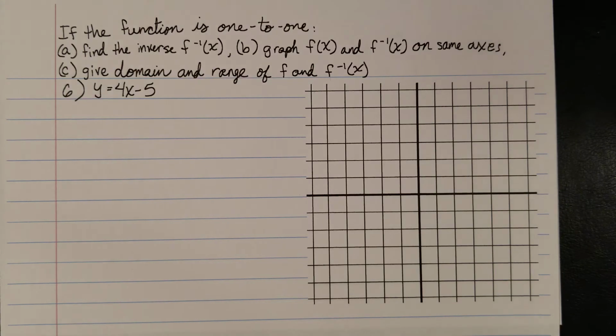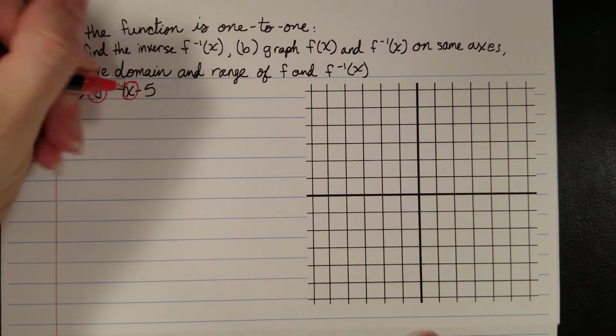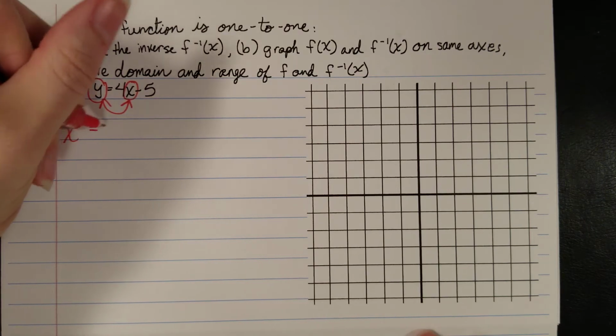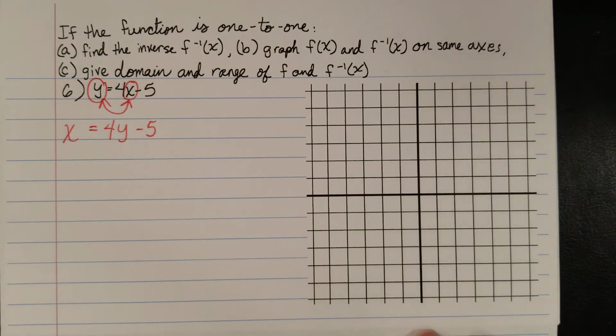It's a straight line. Okay, so to find the inverse, we will switch the x and the y and then solve for y. So literally just switch the x and the y. That would be x equals 4y minus 5. All right, so then I'm going to solve for y.